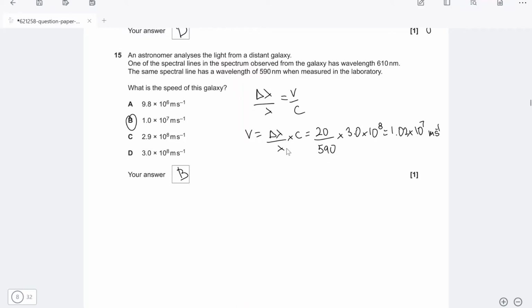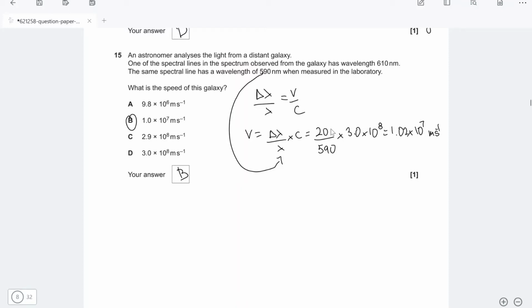Now remember that lambda, in this equation, is your original wavelength as measured in the laboratory. So this over here is 590. Delta lambda is the change, the shift in wavelength. If we are going from 590 to 610, then the shift will be 20 nanometers. Notice that I've not included the nanometers here and there because they will just cancel out.